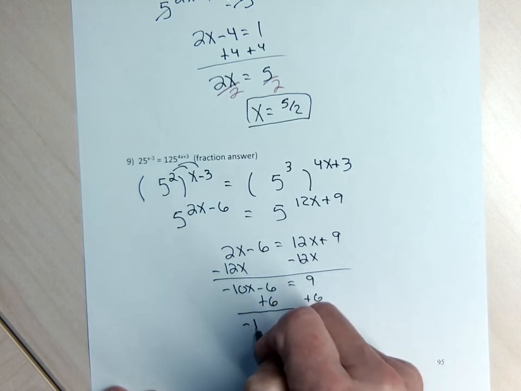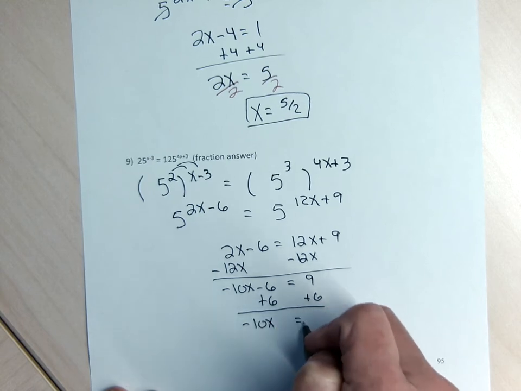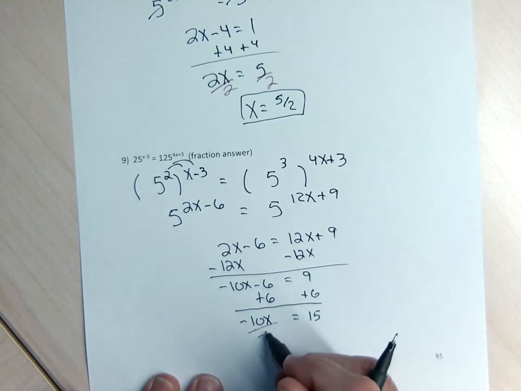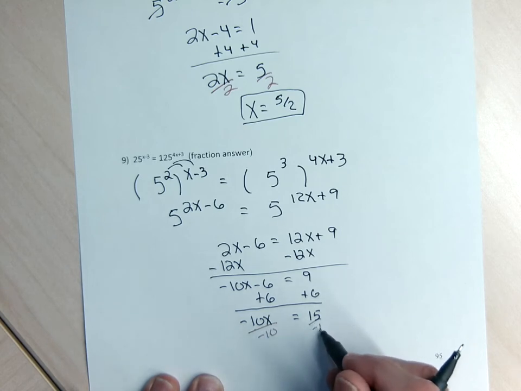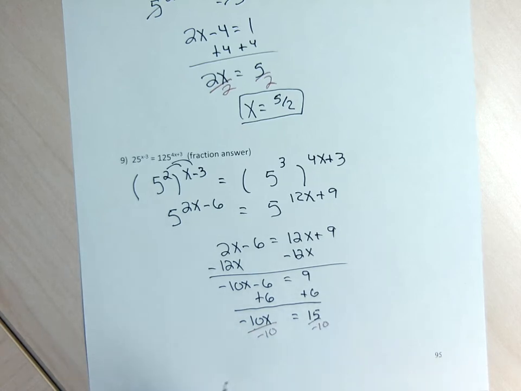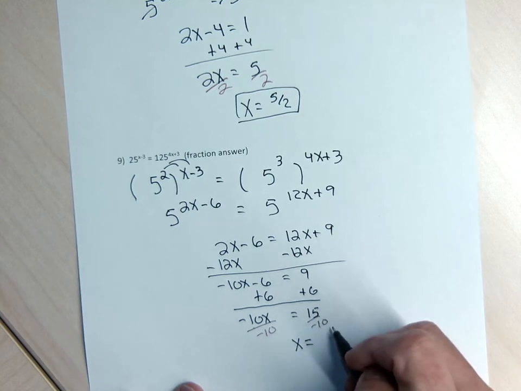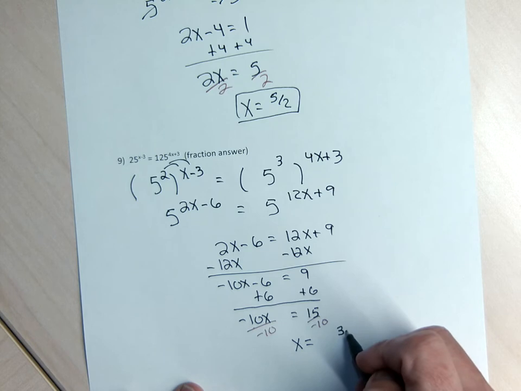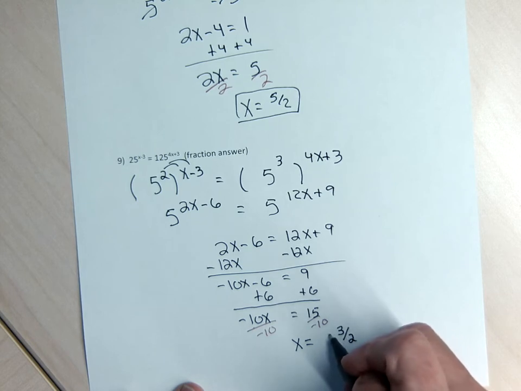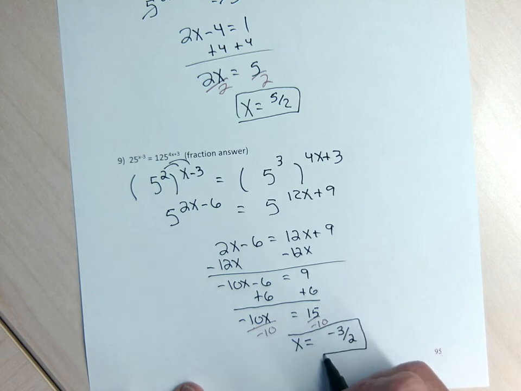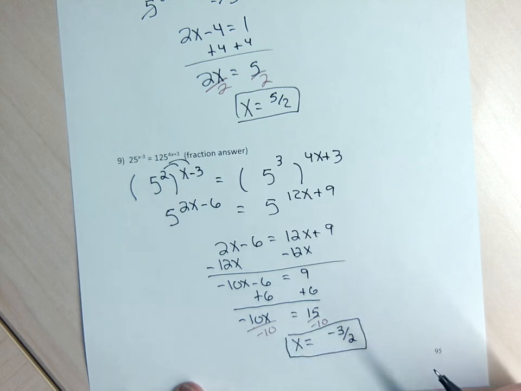That's going to give me minus 10x equals 15. I'm going to divide by negative 10, divide by negative 10. On the left-hand side, I just get my x. On the right-hand side, I'm going to reduce by 5. 15 divided by 5 is 3. 10 divided by 5 is 2. And I'm going to put the negative in the numerator. But as long as you have a 3 over 2 with a negative somewhere, I'm okay.